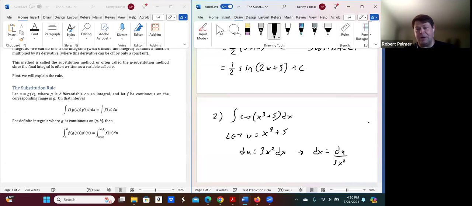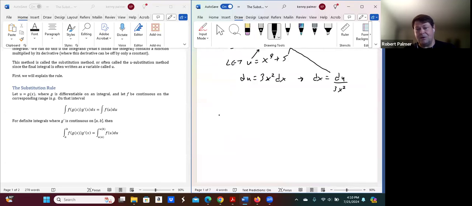So once again, we're going to put the u right here, and replace the dx with that. What we're going to have then is the cosine of u, which is what we want. But now we have du over 3x squared. Now, this is a problem.